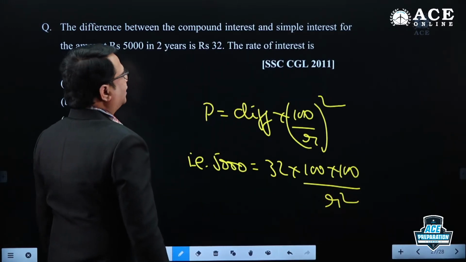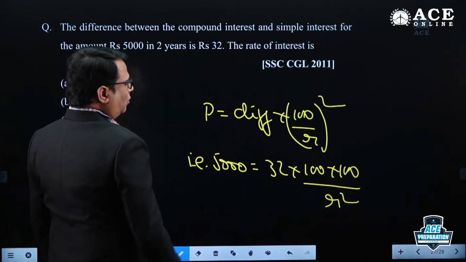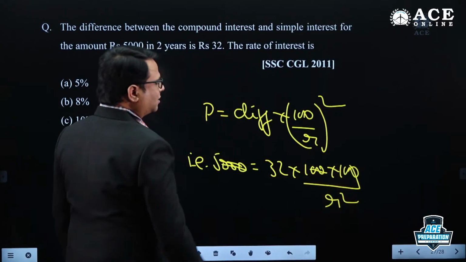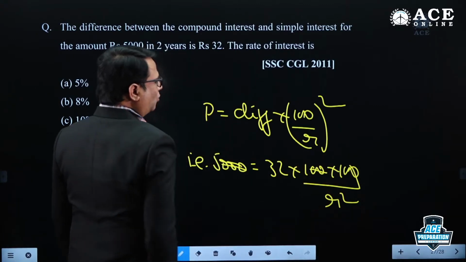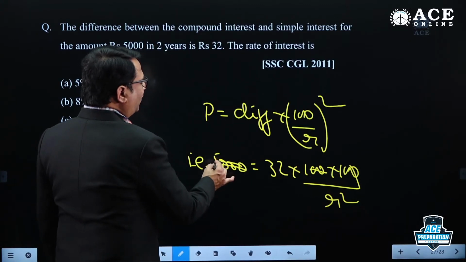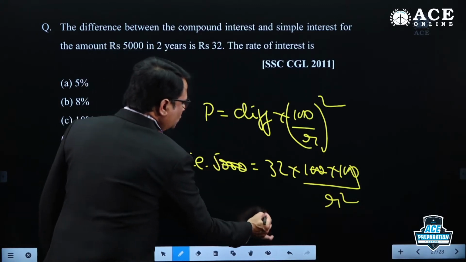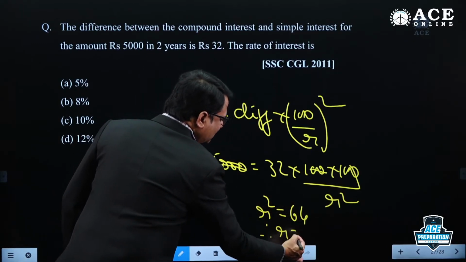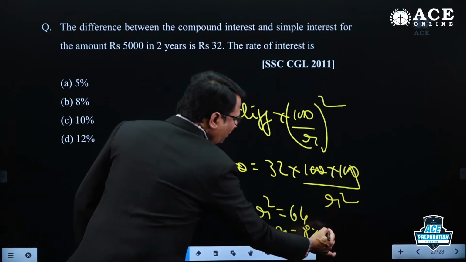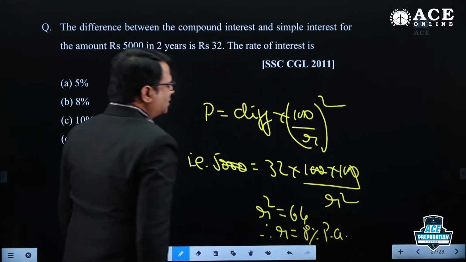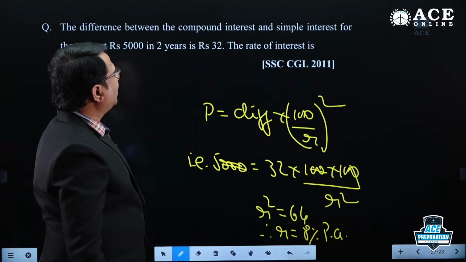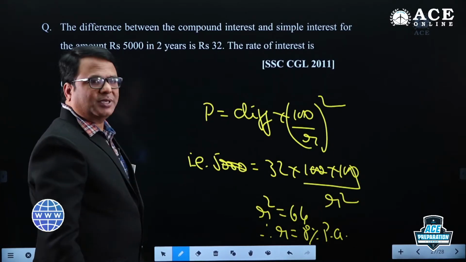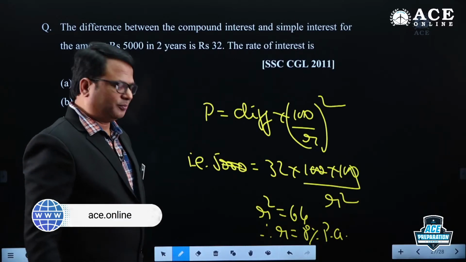So you do these calculations, you get what is R. These 3 zeros and these 2 zeros will get cancelled. So 32 into 10 is how much? 320. 320 divided by 5 is how much? 64. So R square is 64. Therefore, I can say R is 8% per annum. We are asked to find the rate of interest, and I can say the rate of interest is 8% per annum.